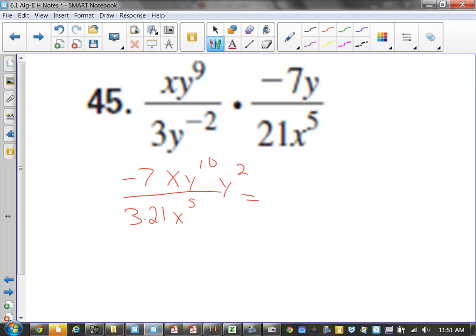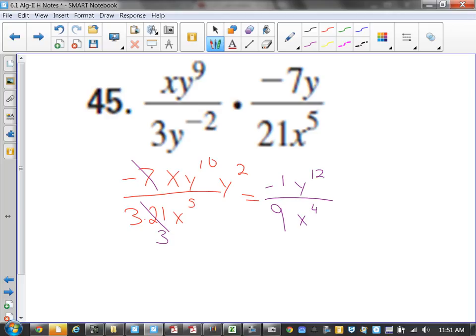No, 3 times 21. Oh, look at that. You said no decimals. So now, simplify out. So we get -1 over 9. Y to the 12th. X to the 4th. Yes.